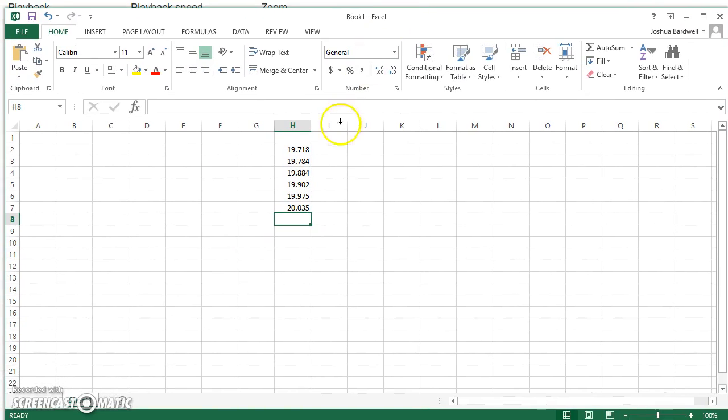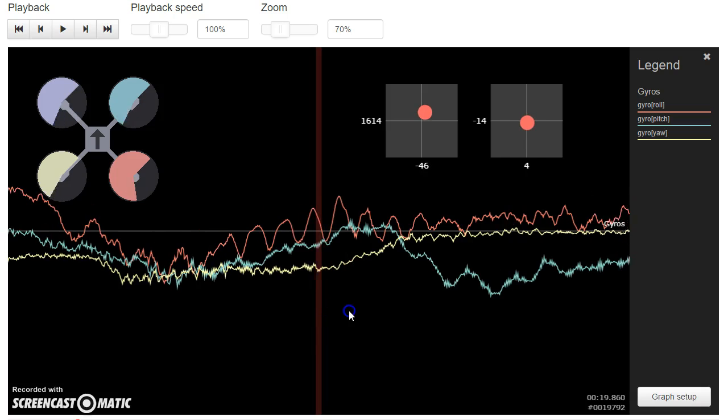And then if we take the time, we subtract those from each other, we'll find the time between the peaks in seconds. Interesting, did I get that right?